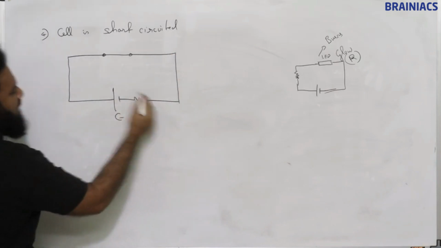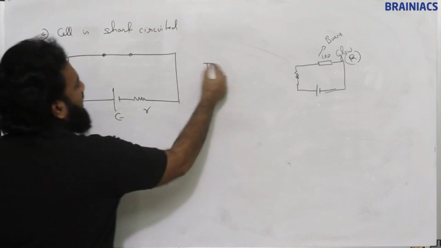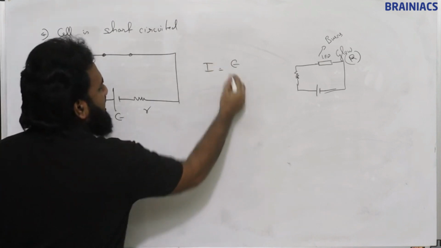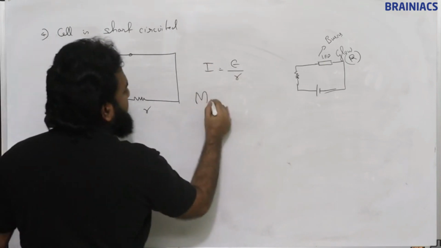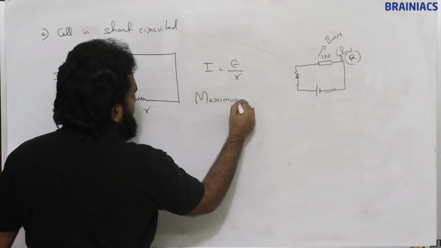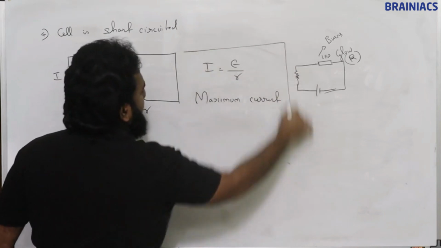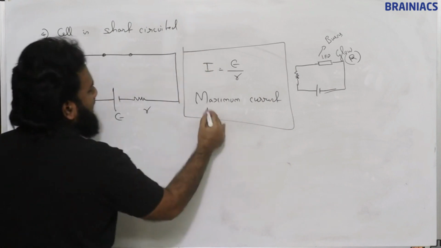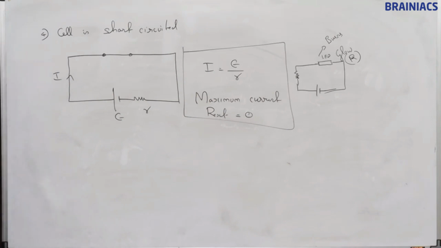This is E, this is r. So current will be flowing. What is the current here? E by r, since the resistance is only the internal resistance. This is the maximum current. Maximum current occurs when short circuited, that is, external resistance is equal to 0.